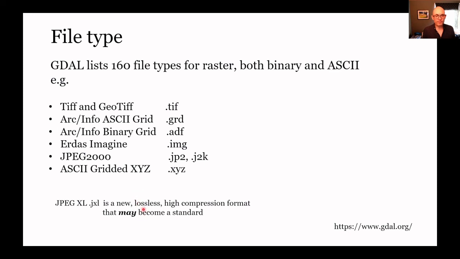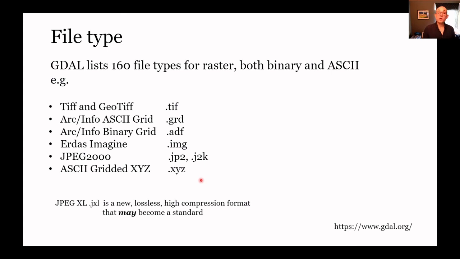Hopefully we won't end up with too many different file types, but yes, we will, because as you can see up here, we've already got at least 160 types of raster data that GDAL, which is a standard library used in a lot of GIS software, uses to read and write raster data. 160 different ways of storing the same sort of thing.